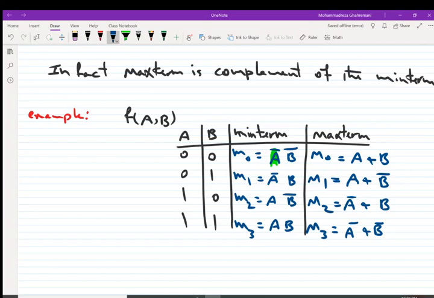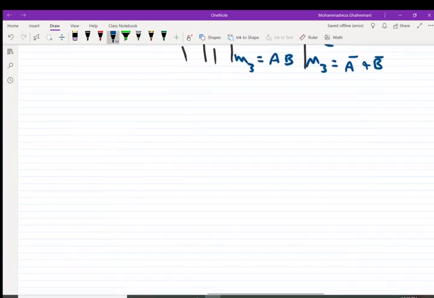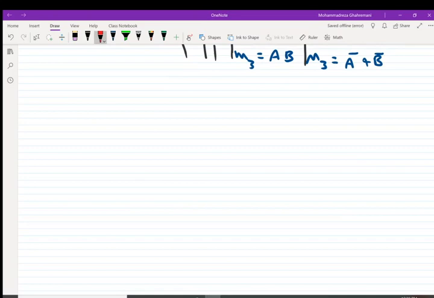We can represent functions in the form of a sum of products or in the form of a product of sums. Okay, let's discuss these two forms. The first one is sum of product, or we can show it with SOP form.